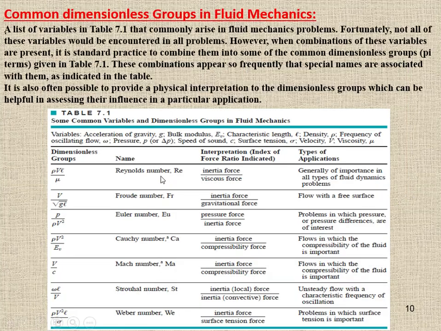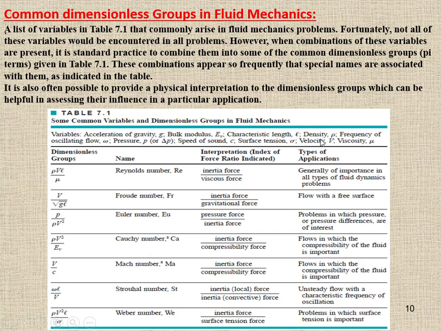Okay, here are some very useful and common dimensionless groups we deal with in fluid mechanics. Here you can see a list of variables in Table 7.1: the acceleration of gravity, bulk modulus, characteristic length, density, frequency, pressure, speed, surface tension, velocity, viscosity.